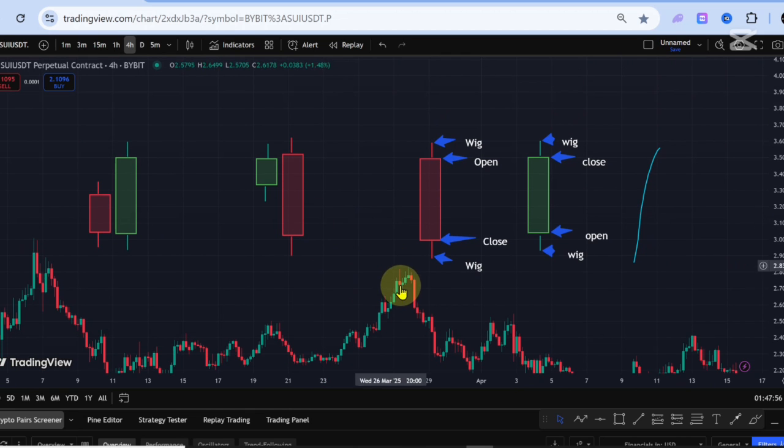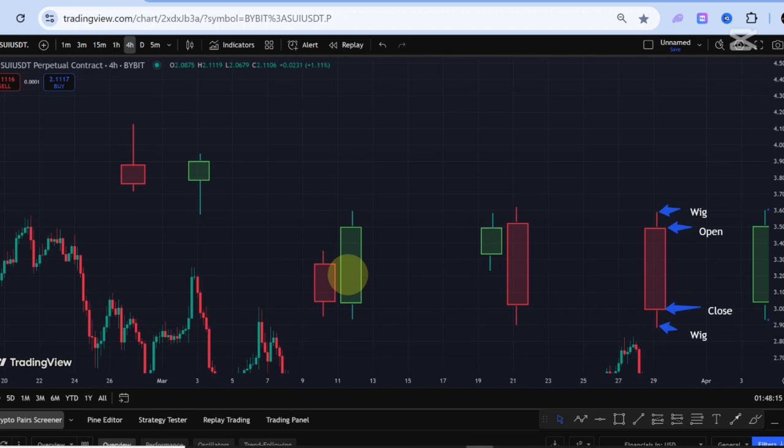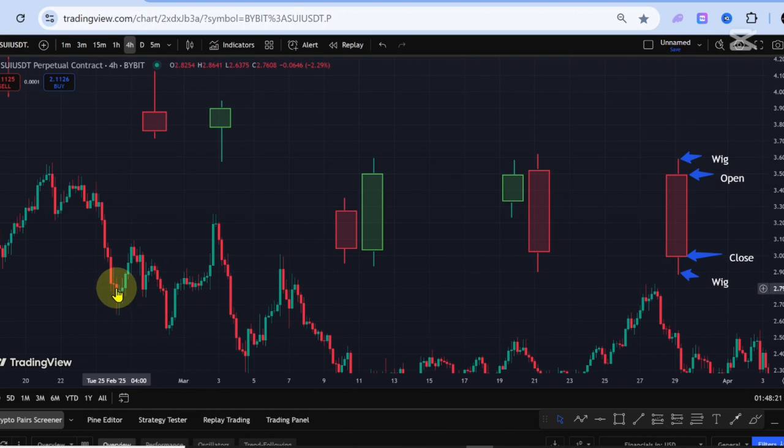So if you see the inverted hammer at the top of a trend, and this market was trending up, when you see this particular candlestick at the top of a trend, it shows that this market has gone to the top and price wants to reverse. Then if you see this hammer at the bottom, which you can see at this particular bottom right here, it shows that price wants to reverse to the upside.